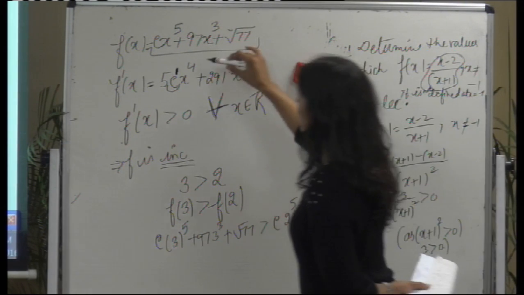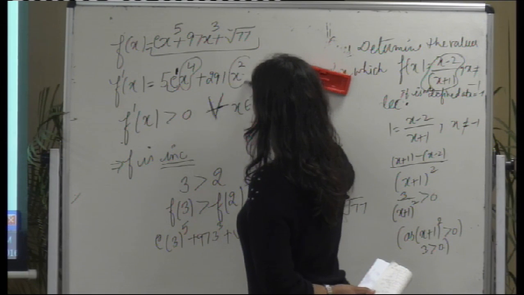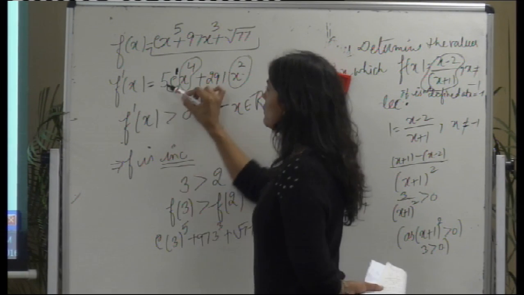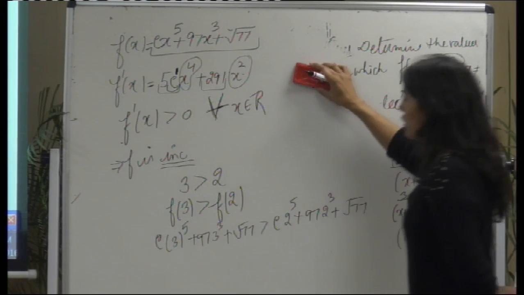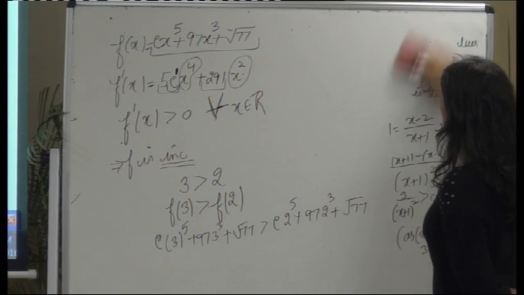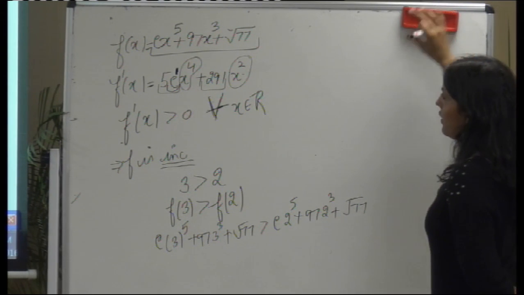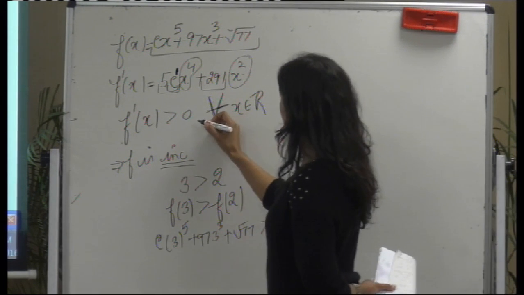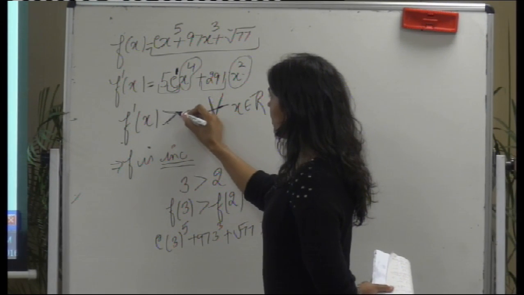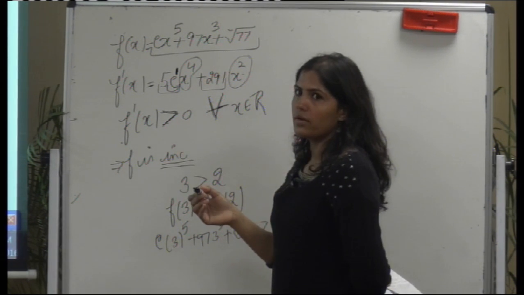But why are we very sure? Because this is an even power, this is an even power, this number is positive, this number is positive, so there is no need to check anything. This is positive, so can it be 0? It can be 0, no? Is it okay saying that this will be greater than 0 always?